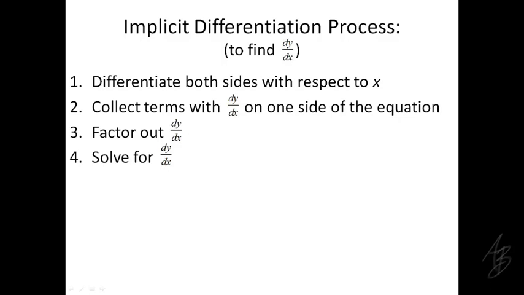So it doesn't have to be y and x, but it could be position with respect to time, or really any variable. So we could replace x with t here, and we would replace all of the x's with t's in different places and differentiate with respect to time rather than with respect to x. So this is a process that will work with any variables, not just x and y.